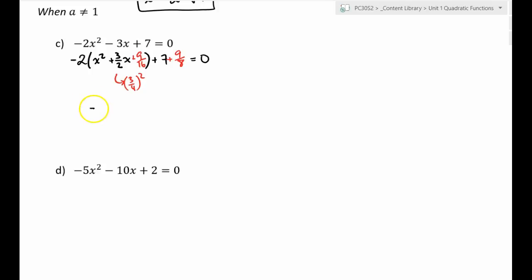So if we simplify this, everything that we've got written, we've got x plus 3/4 squared plus, and I'm going to do a little scratch math over here, 7 turns into 14, or not even 14. I want to get it as eighths, so that's going to be 56.